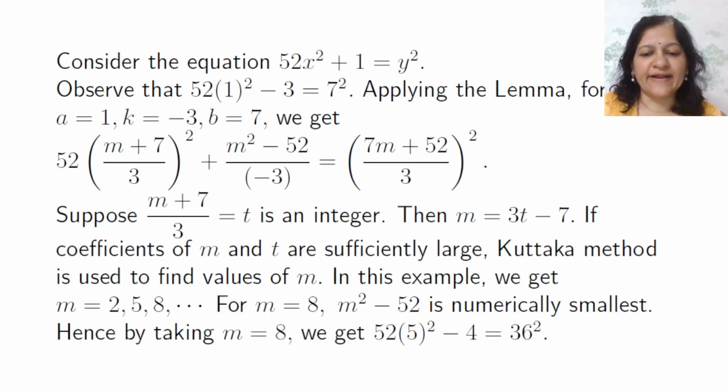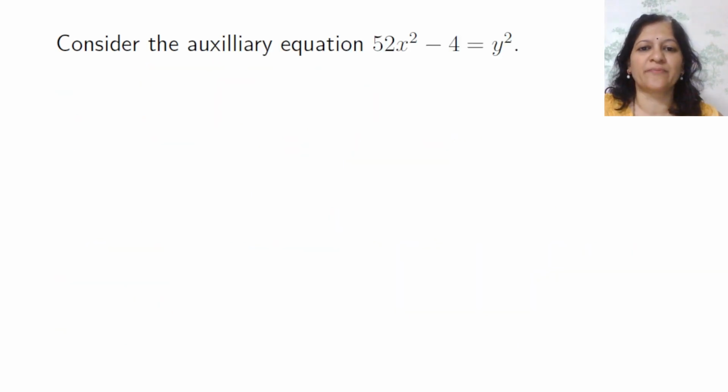For m = 8, m² − 52 is numerically smallest. Numerically means you ignore the sign. Just |m² − 52| is smallest. Hence by taking m = 8, we get the auxiliary equation 52x² − 4 = 36x². And now the constant is −4, which means we can use Tulya Bhavana.